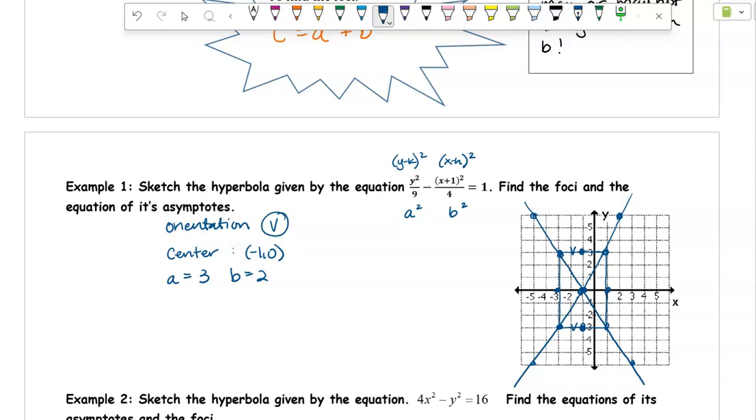And then the vertices are already plotted, and so then we just draw our hyperbola as a curve that connects through the vertex and approaches the asymptotes, but doesn't reach them. So there's not a whole lot of precision about the rest of the points. It's just the vertex, and then you use the asymptotes as your boundary.